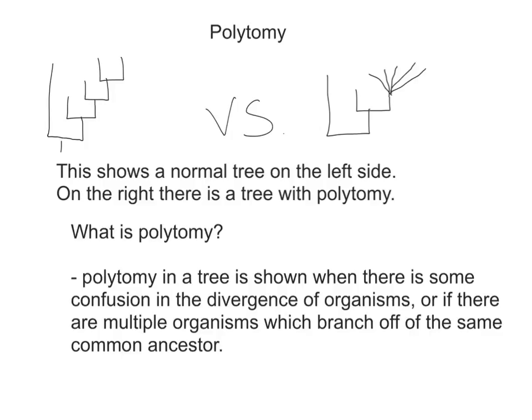It's that little star looking thing in the very top right of that right tree there. Or it's also used if the ancestral organism has many other branching organisms off of it. So there's more than two usually branching off. So that's just another way to draw that and try and explain that form.